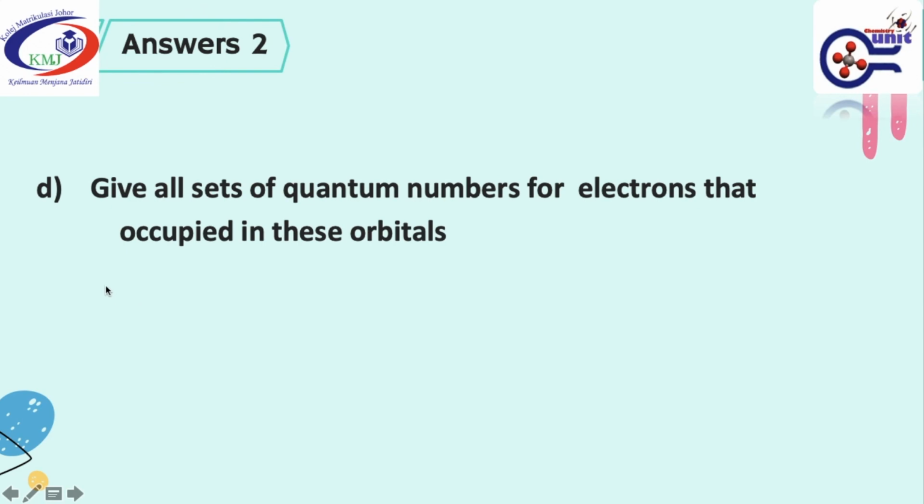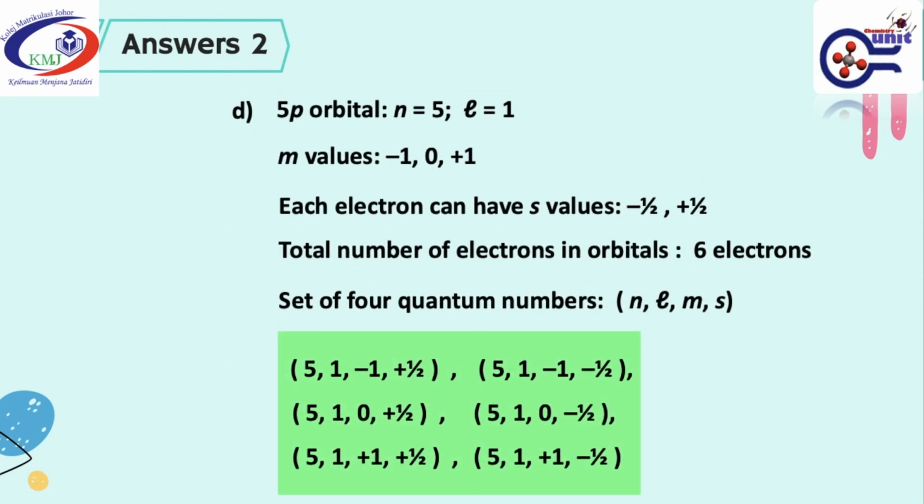Give all sets of quantum numbers for electrons that occupy these orbitals. So for the 5p orbital, n is equal to 5, L is equal to 1. We've seen that the m values are negative 1, 0, positive 1, and each electron can have s values of negative half and positive half.